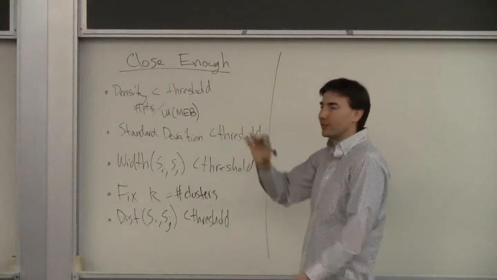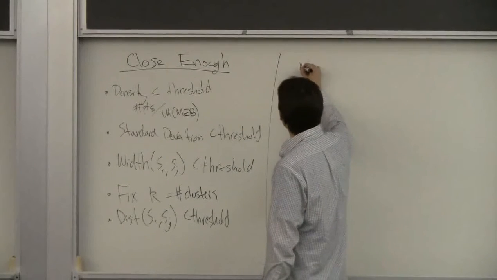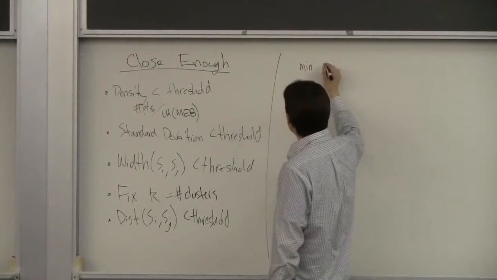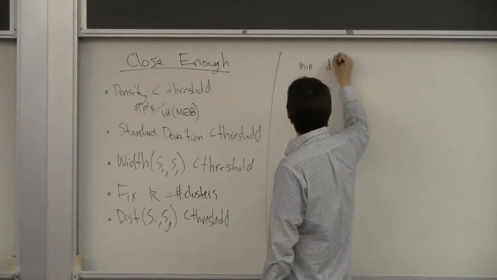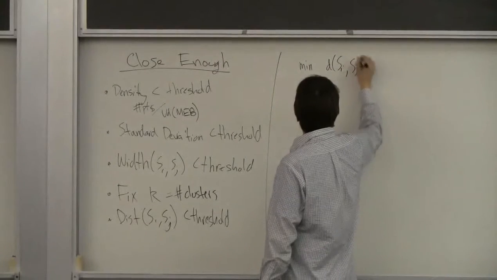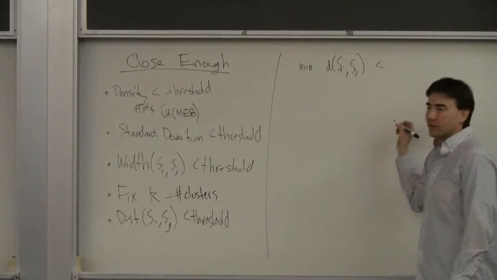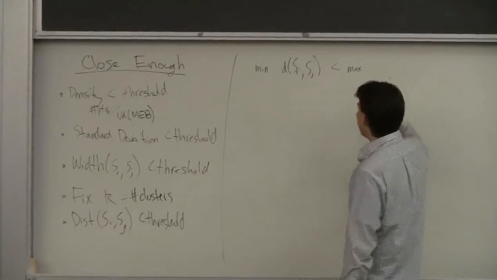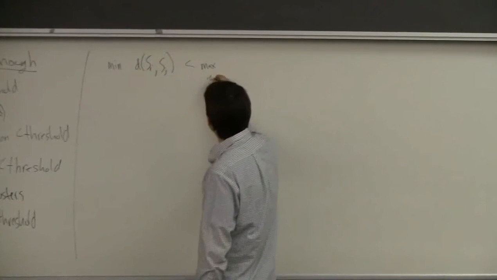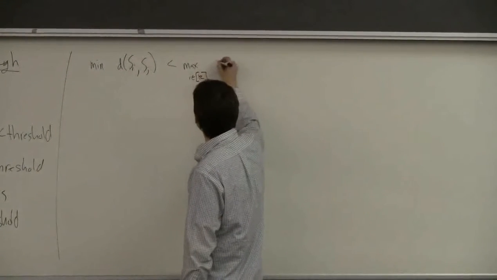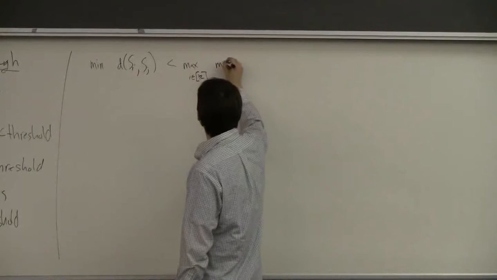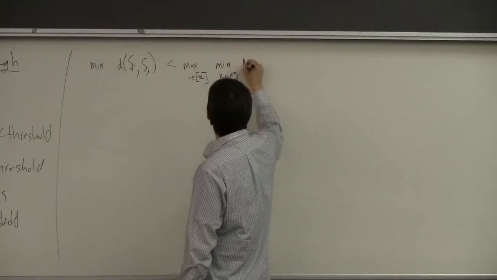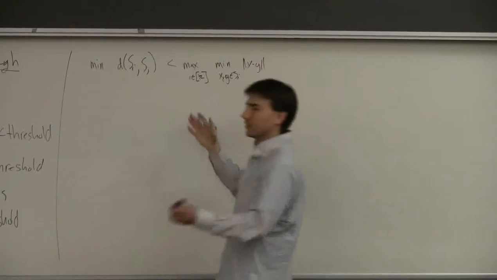So maybe I'll try and write this up. So you say that the min distance between clusters, Si, Sj, you want this to be less than the max difference between the things within a cluster. The max over all i in our set K of the max over x, y in Si of the distance between x and y, something like this.